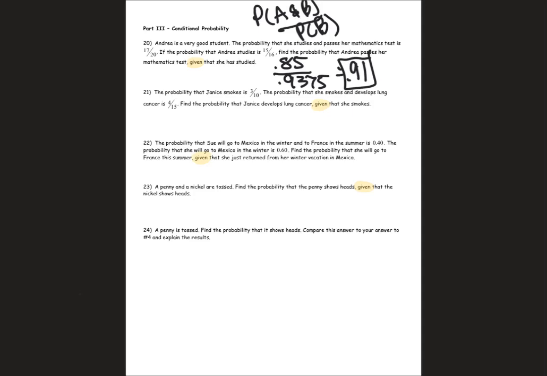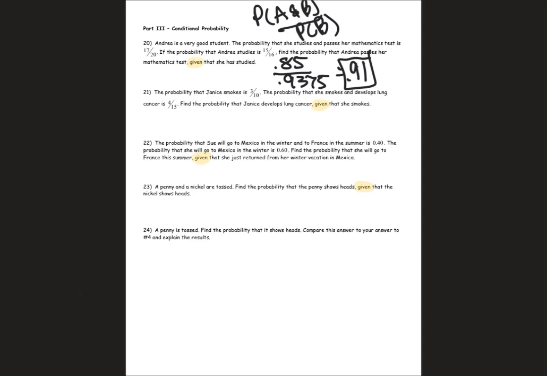Okay? Number 21, the probability that Janice smokes is 3 out of 10. With the probability that she smokes and develops lung cancer is 4 out of 15. Find the probability that Janice develops lung cancer given that she smokes. So remember, my and statement probability is going to go on the top. So my and statement is that she smokes and gets lung cancer, which is 4 divided by 15.